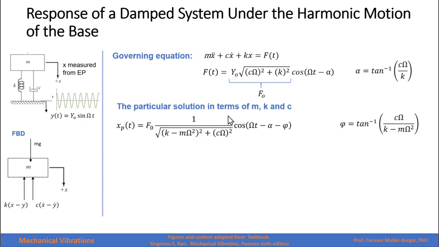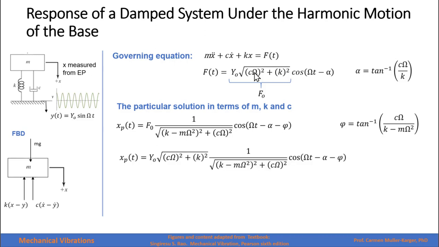Let's do it first in terms of the mass, the constant of the spring, and the constant of the damper. Then we have F sub 0, which is all this term over here, times this term, which involves the characteristics of the system.